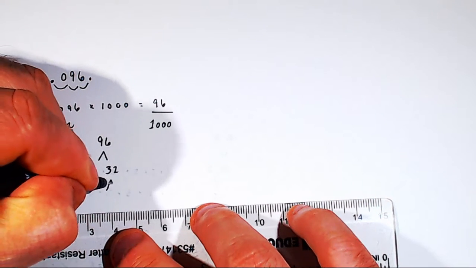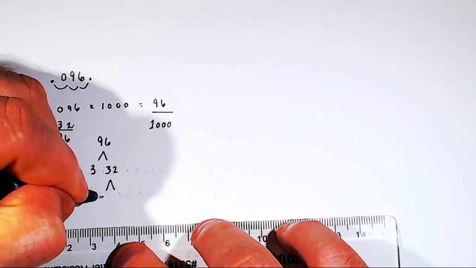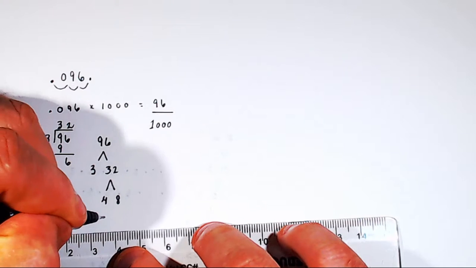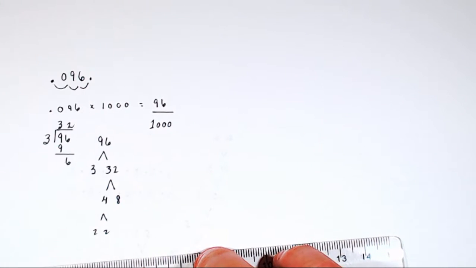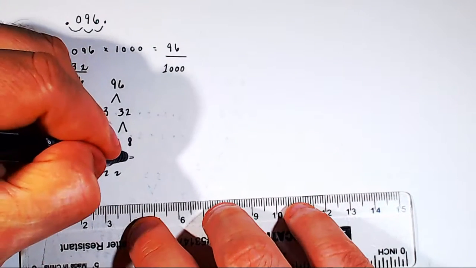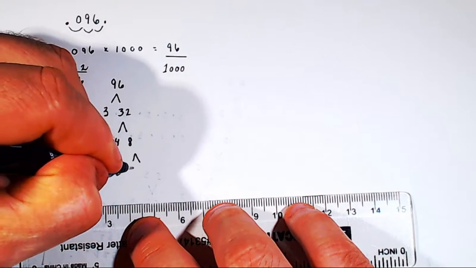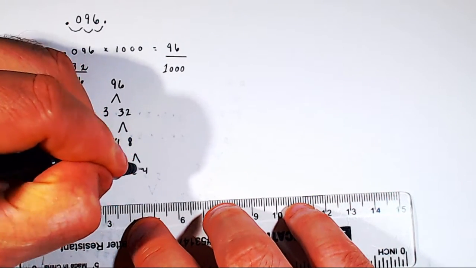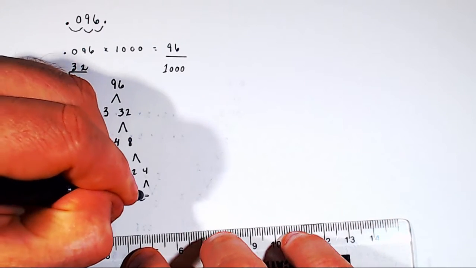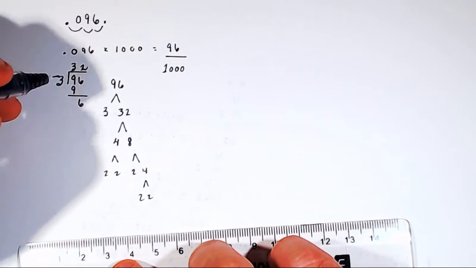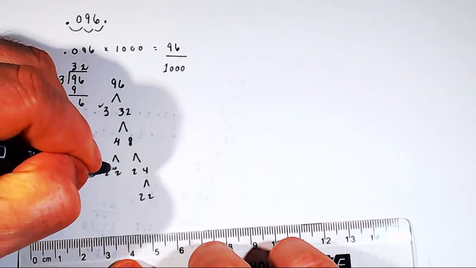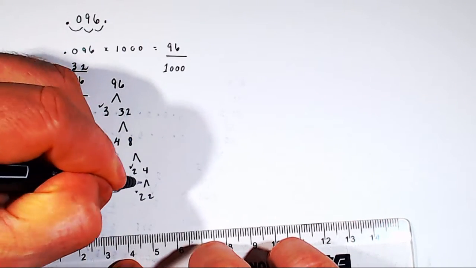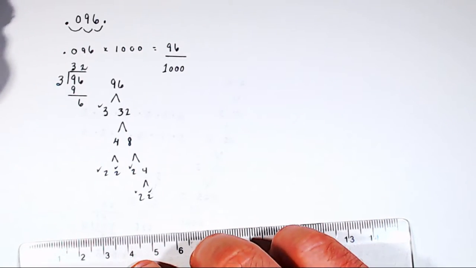32 is 4 times 8. 4 can be prime factored as 2 times 2, and 8 can be factored as 2 times 4, and 4 can be factored as 2 times 2. So you end up with this prime number, this prime number, this prime number, this prime number, this prime number, and this prime number.